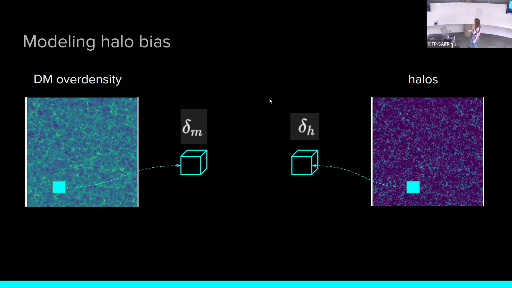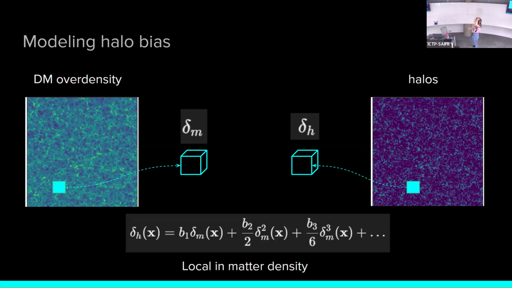Okay, and how can we do this? The simplest assumption that you can make is that this density of halos is an expansion in powers of the local dark matter density. In the literature, people often call this the local bias because you're simply using the local density, but a more precise nomenclature is to call this the local matter density bias relation.